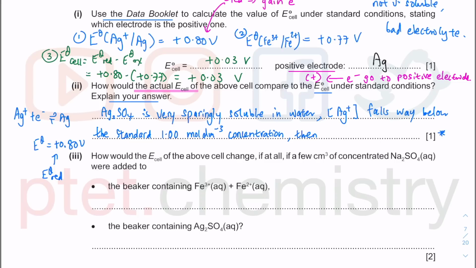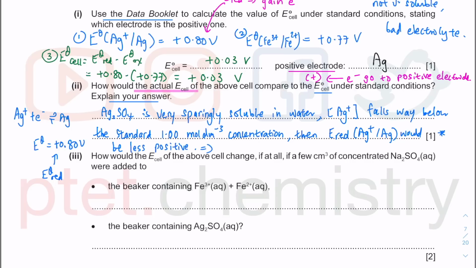Then the E red, which is the Ag plus and Ag, would be less positive. So if the E red becomes less positive, the whole reaction is going to become less feasible.